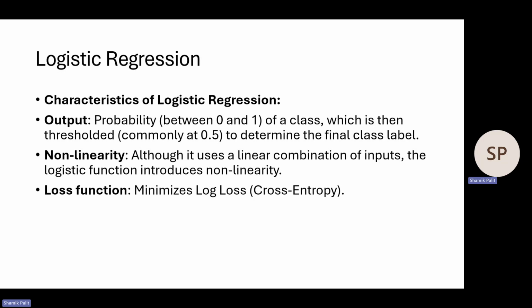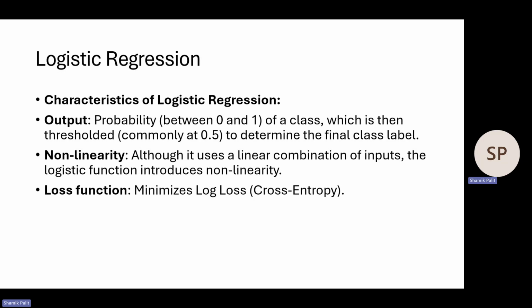There are some core characteristics of logistic regression. The probability always lies between 0 and 1, and the threshold, represented as 0.5, determines the final class label. For example, whether your decision is positive or negative depends on the value of a specific threshold, but the probability value always ranges between 0 and 1.